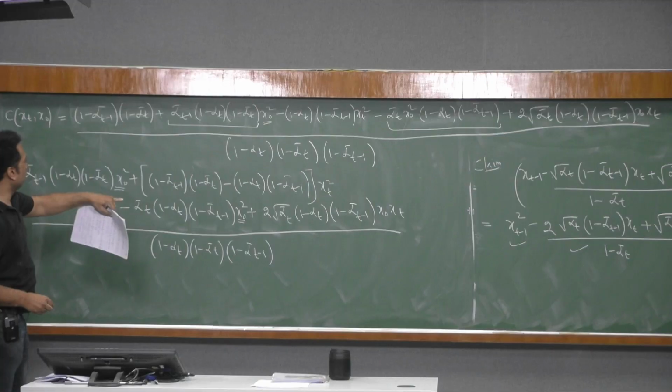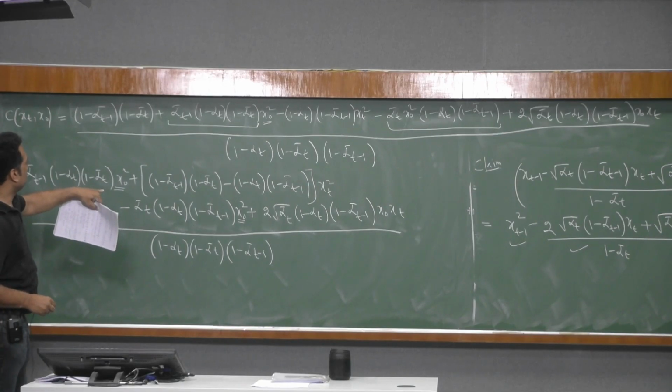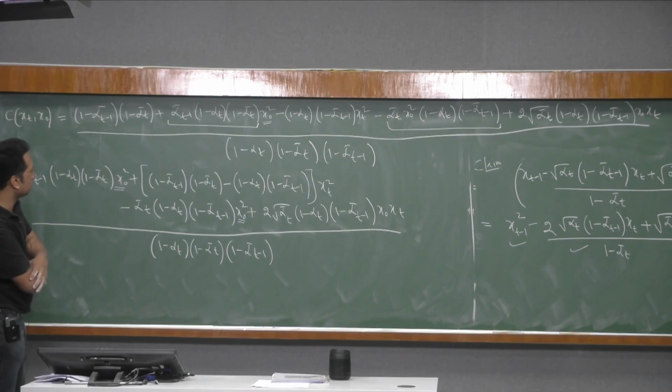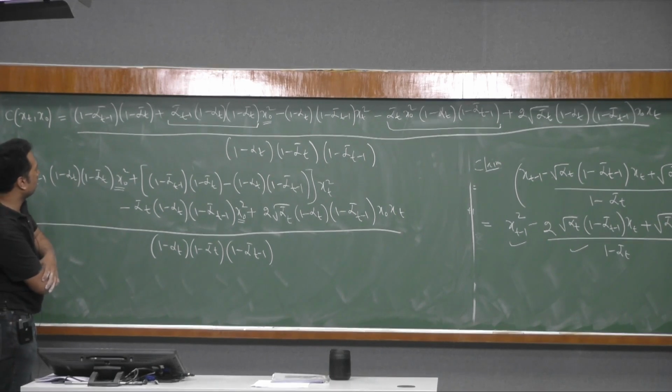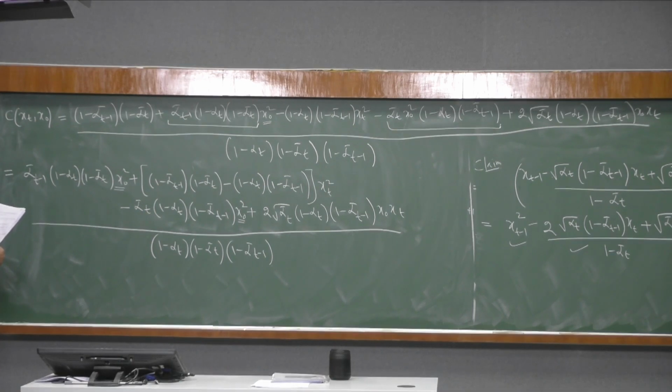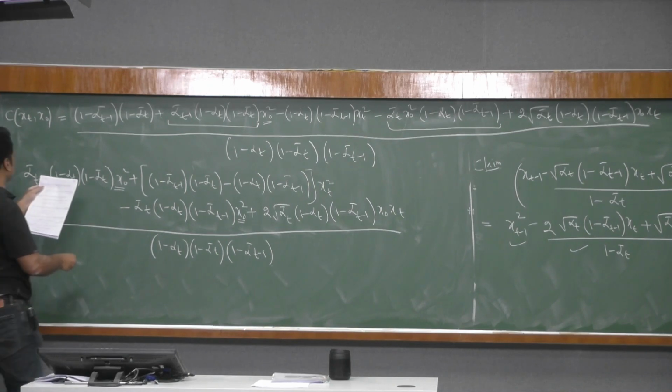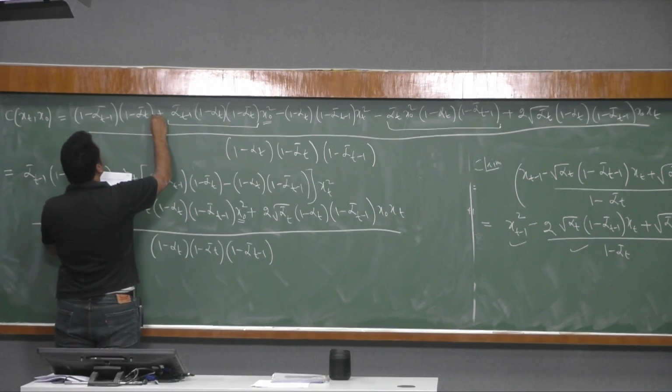And then xt square. It seems I have taken it, but there is only one xt square, right? Okay, I missed this xt square here. So this is xt square here.